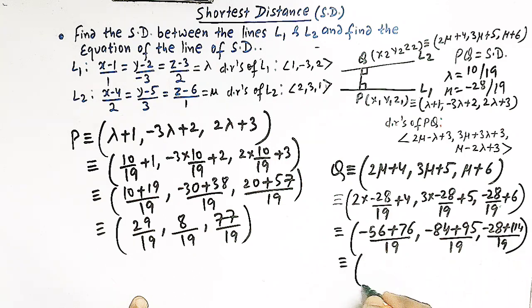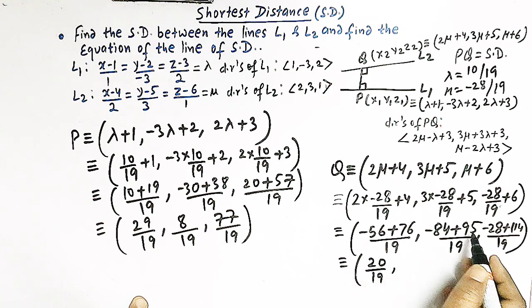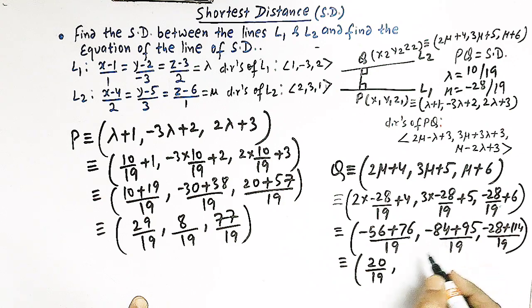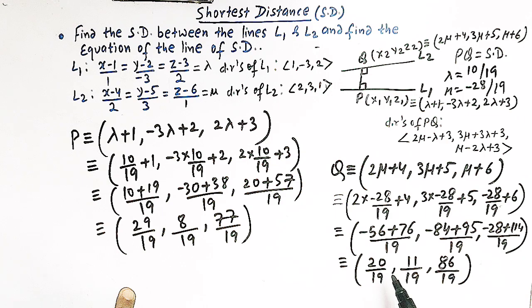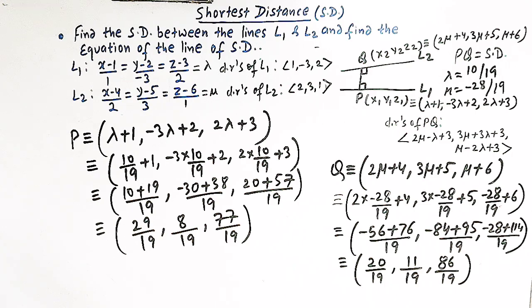So now we can write here 76 minus 56 is 20 over 19, and here we have 11 over 19, and here we have 114 minus 28 is 86 over 19, right? So the coordinates of the point Q are given by 20 over 19, 11 over 19, and 86 over 19.